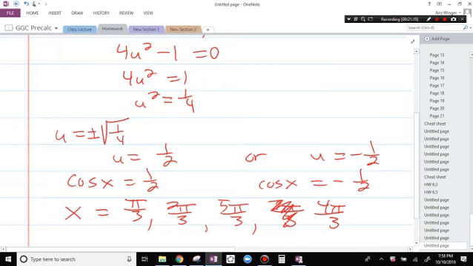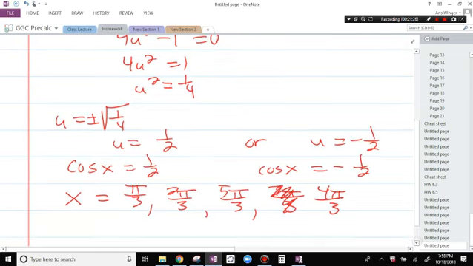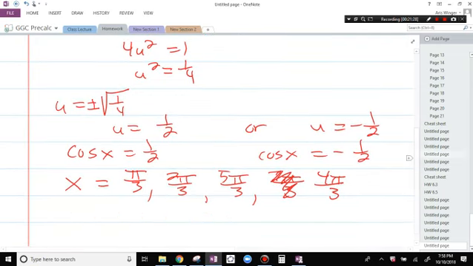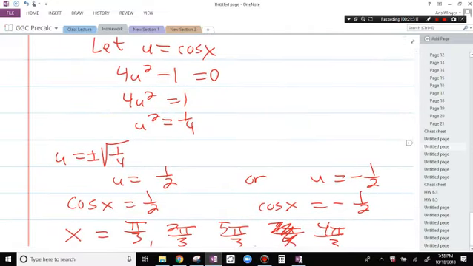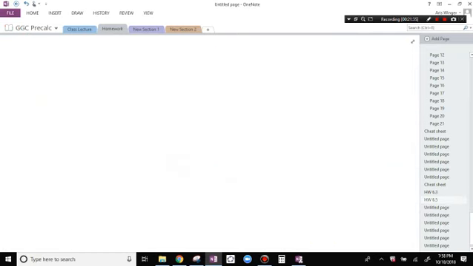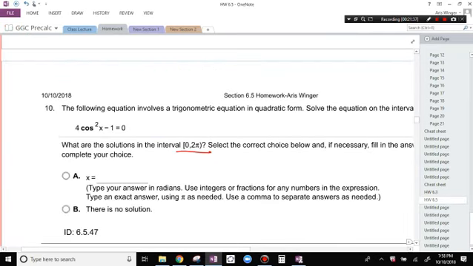So 5 over 3 is way too big. Okay. So 1, 2, 4, and 5. So making a substitution. Okay. Take care of that one.